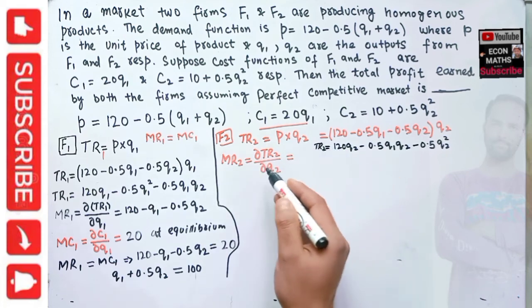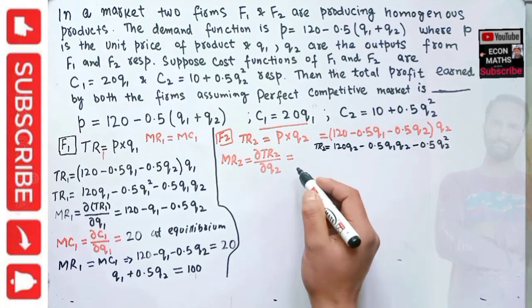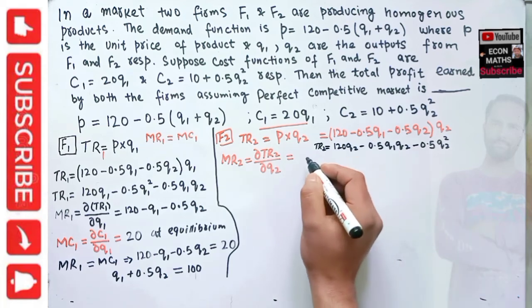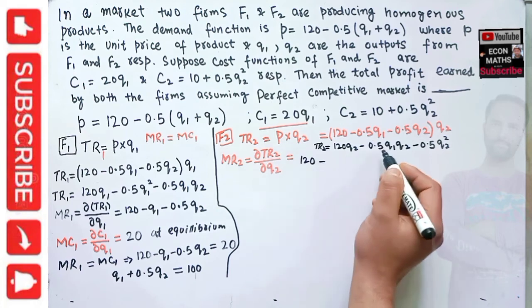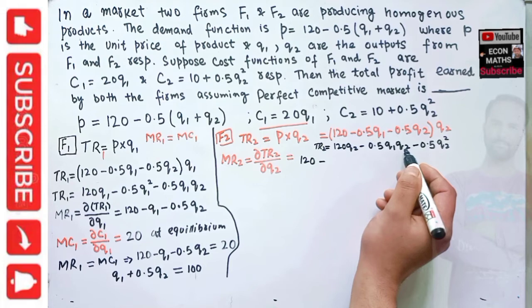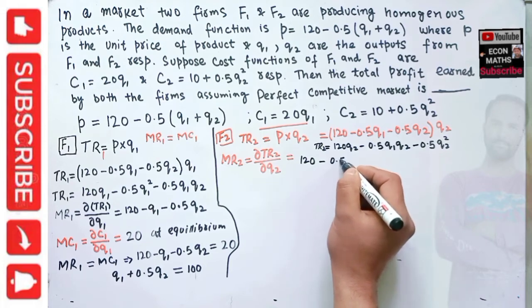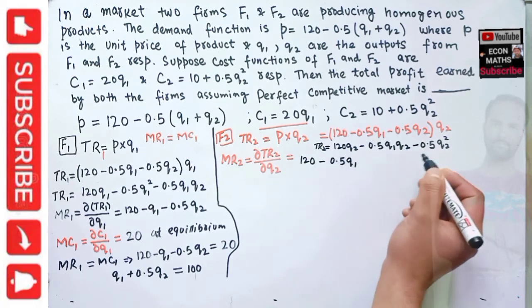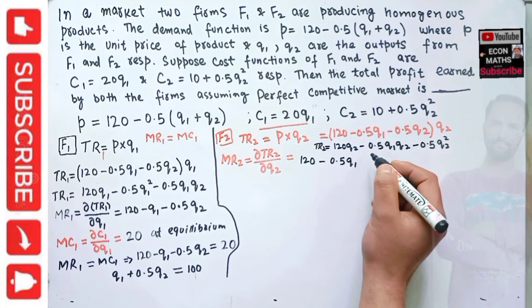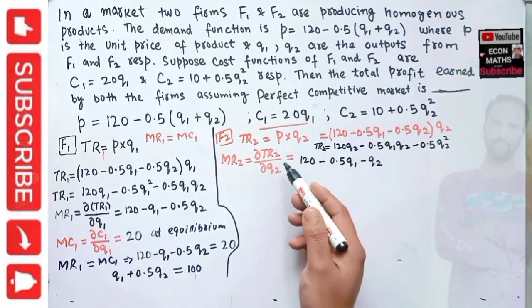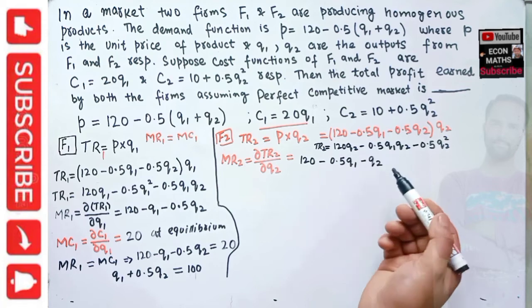Then marginal revenue will be the derivative of this function with respect to Q2. The derivative of 120 Q2 is 120, minus 0.5 Q1, and the derivative of Q2 square is 2 Q2, so 2 into 0.5 comes out to be Q2 only. This is the marginal revenue for the second firm.